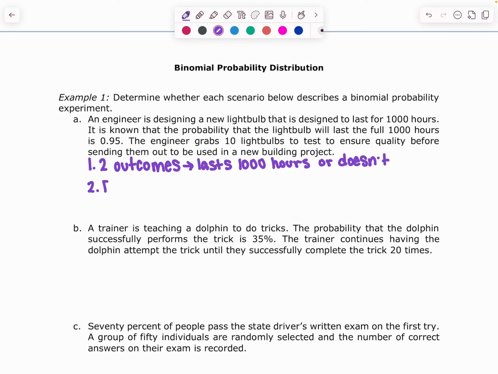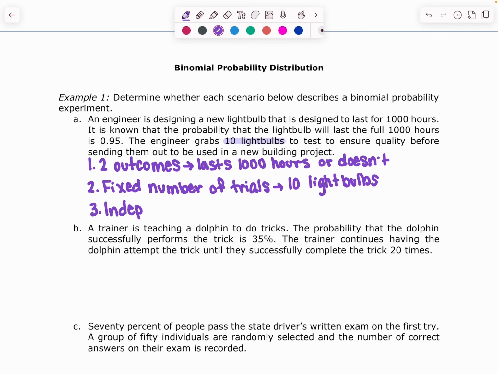The second one is a fixed number of trials. And I have that too, right here, 10 light bulbs. And this one, independent.